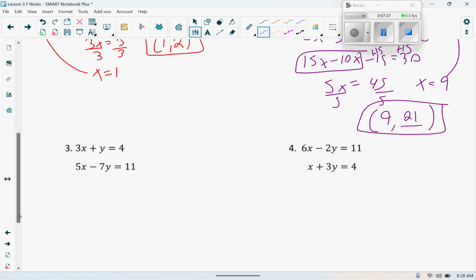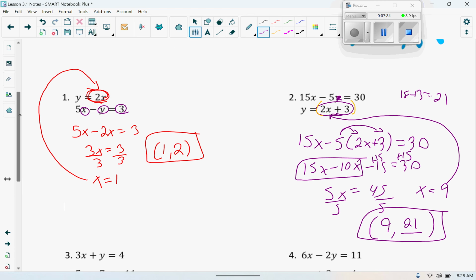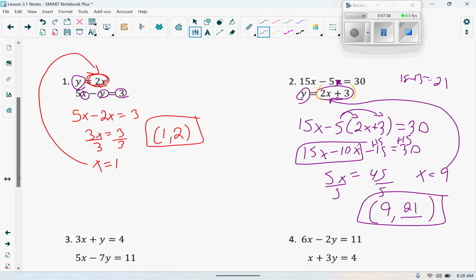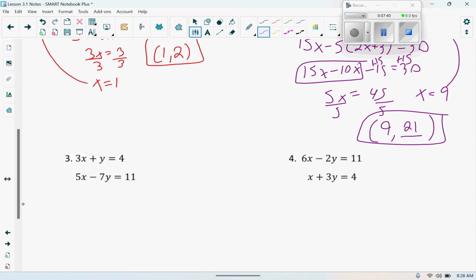Okay, so what if I have a situation where I don't have a variable by itself? And notice, guys, this does not have to be a y. This could be an x. That's totally fine too. We'll talk about that later. So if a variable is not by itself, I'm going to look for one of these that has a variable by itself.